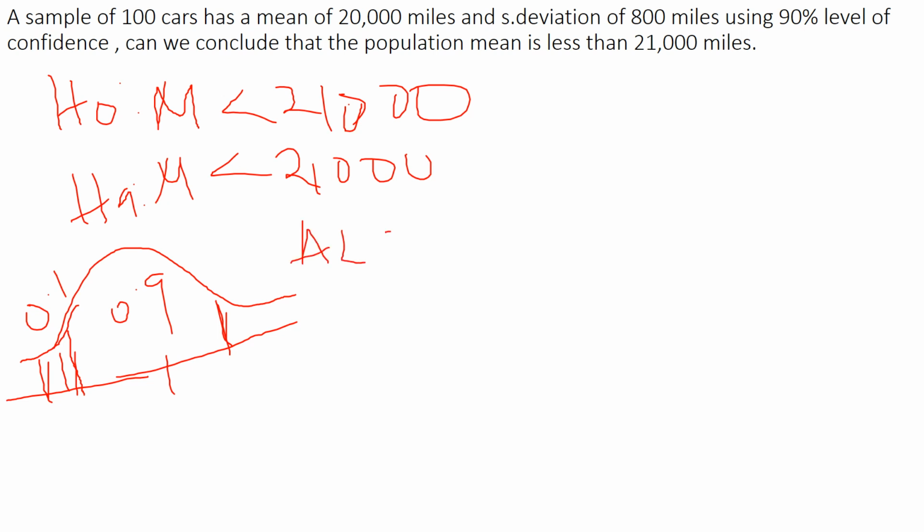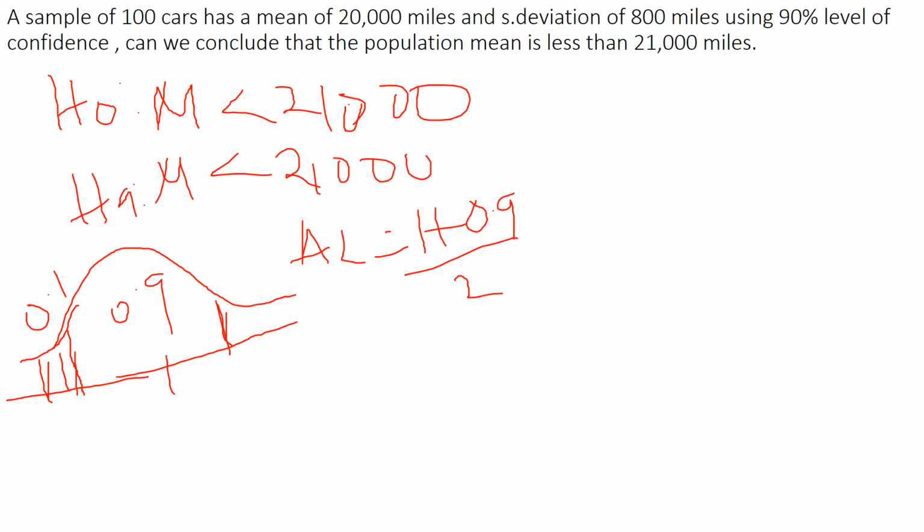So to get this critical value, you can get the area under the left curve, which is always given by 1 added to our confidence level, 0.9, divided by 2, and then the value that we get, we look it up from the z table.